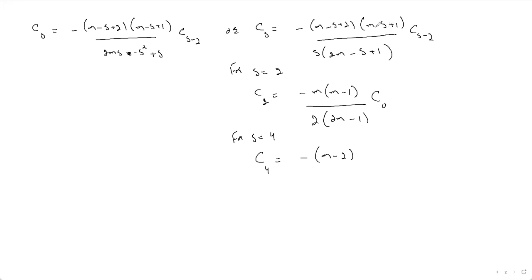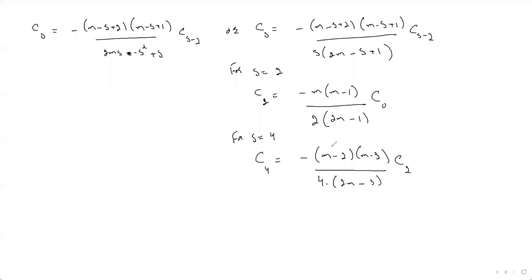For s is equal to 4, it will be m minus 3, m minus 2, m minus 3 divided by, now for s is equal to 4, it will be 4 into twice s is equal to 4, so it will be 2m minus 3, right? Into c4 minus 2, which is c2.